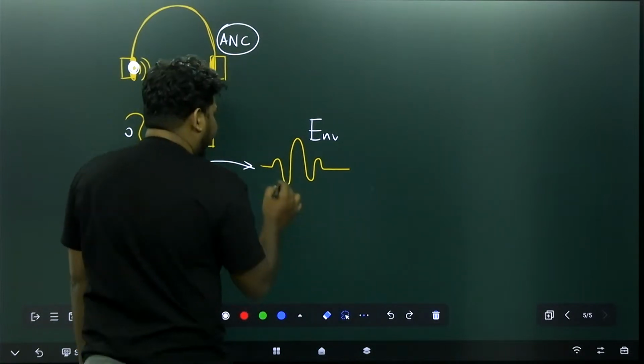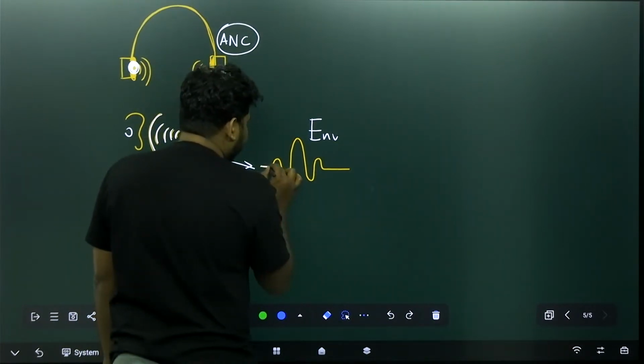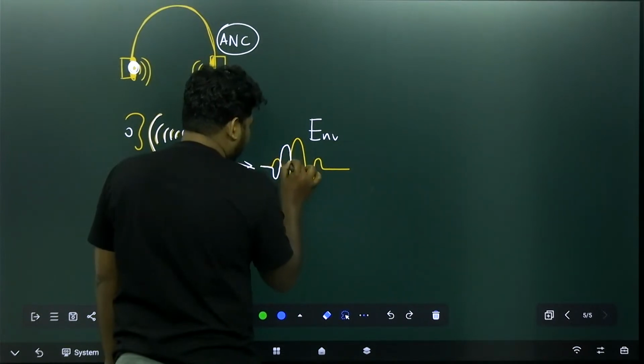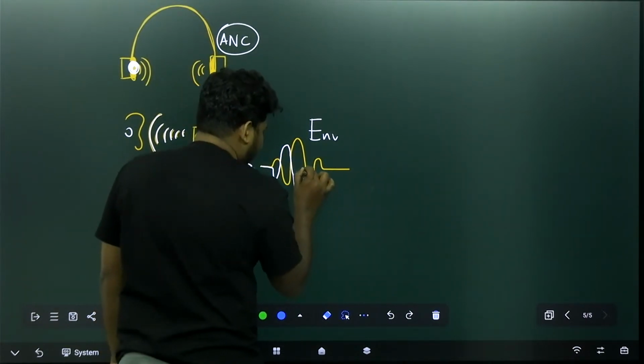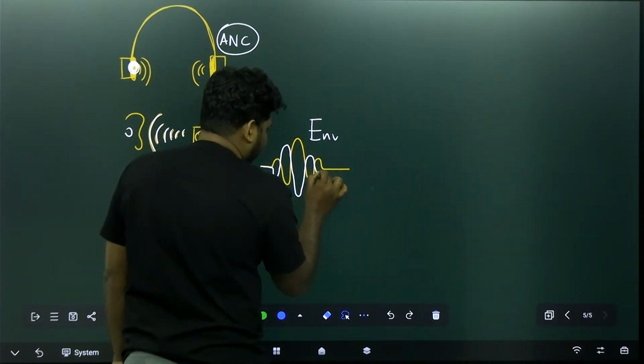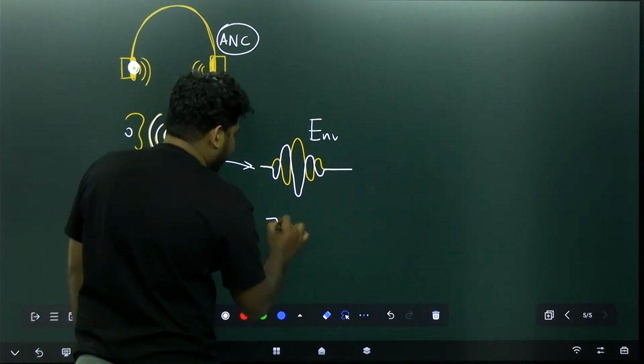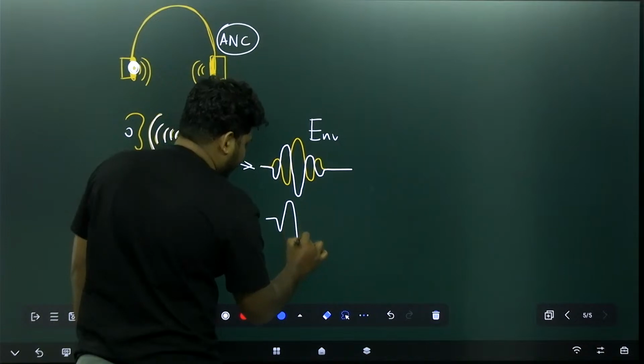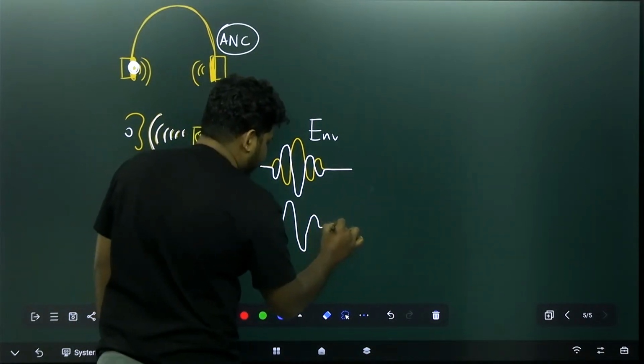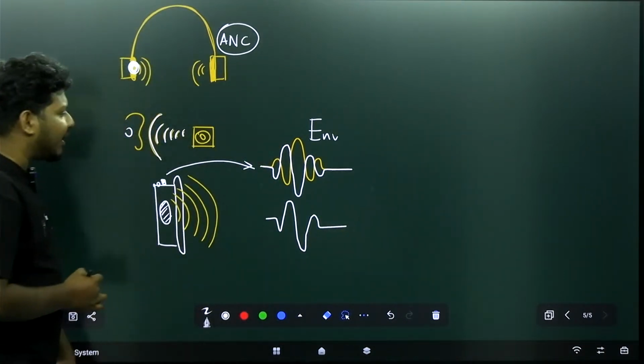I'm going to draw that with white color. Like this. Okay, right, something like this.